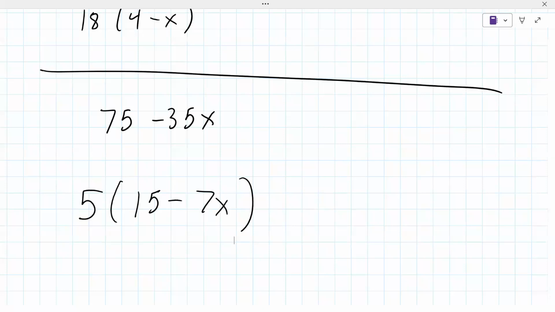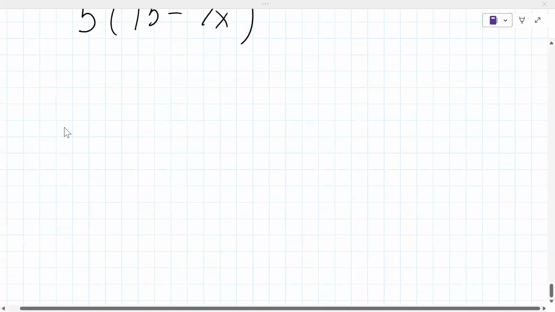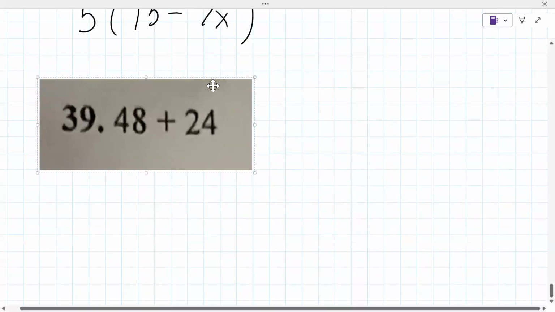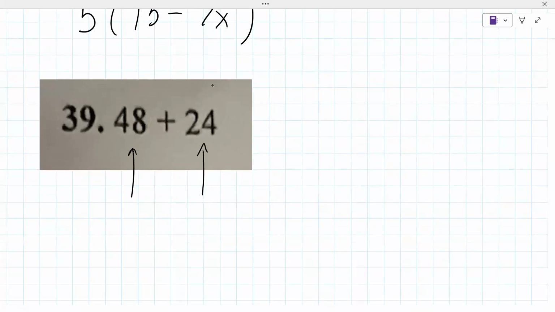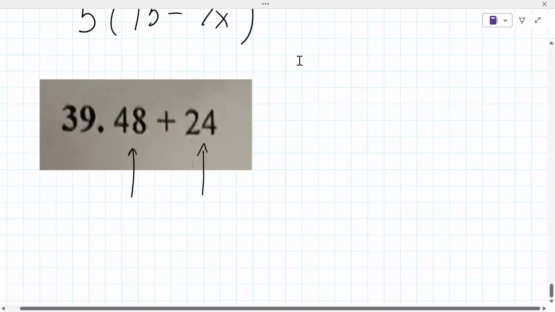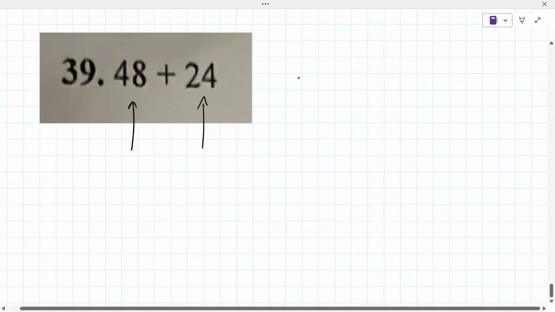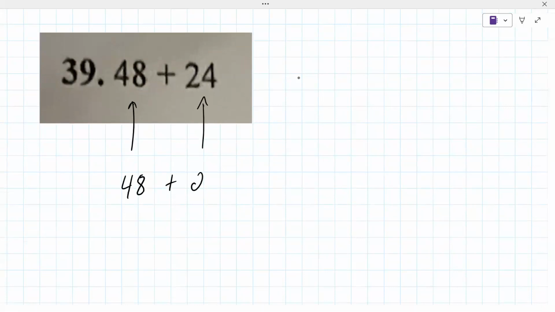Okay, let's go to 39 here, which is weird because it's got two numbers in it, but that's okay. You just say, what's the biggest number that goes into both of these? 24. Yeah, so you're dividing both of these by 24. What goes inside parentheses? 2 plus 1.